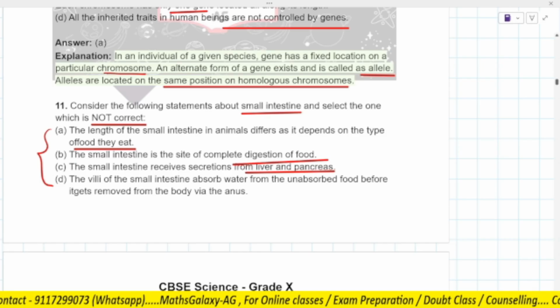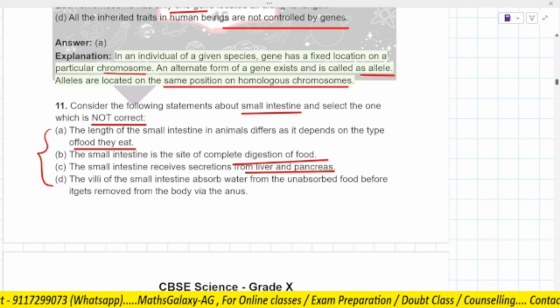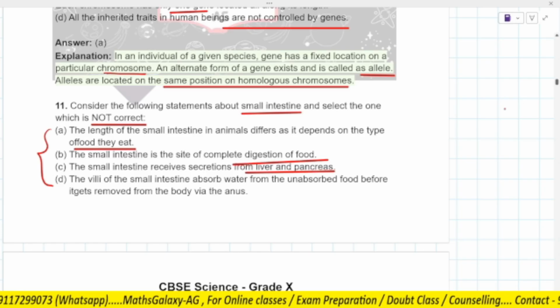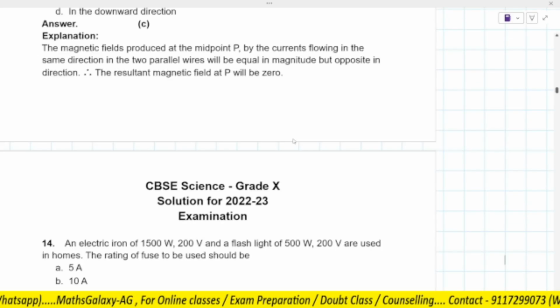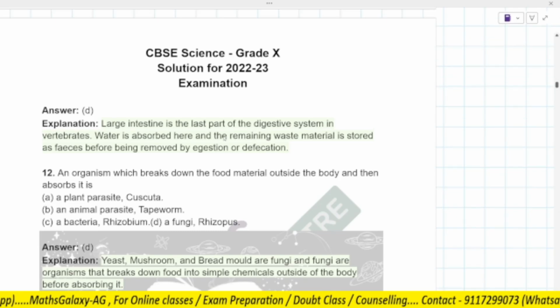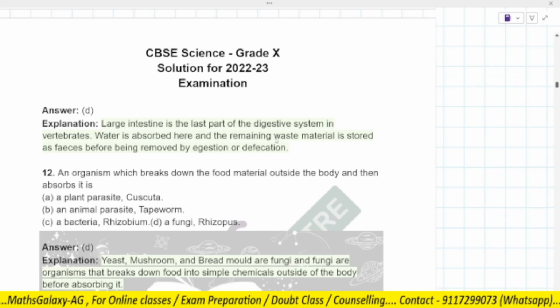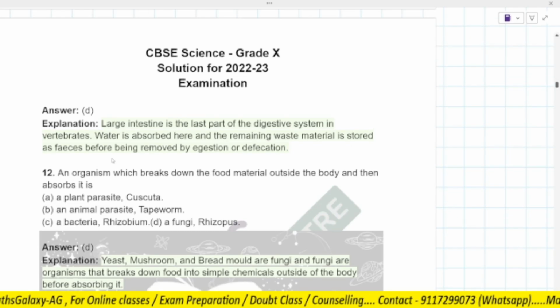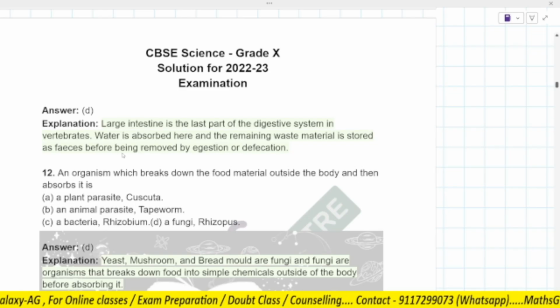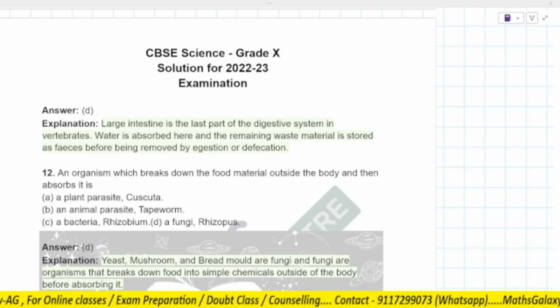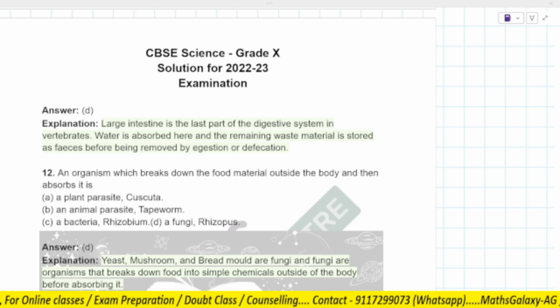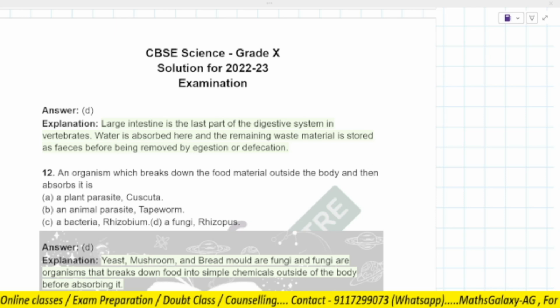Can you see the screen? Yes. Just wait. Please. Hello? Yes, I'm audible? Yes. Screen is not visible.